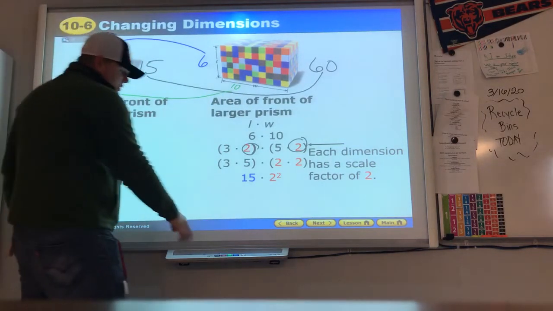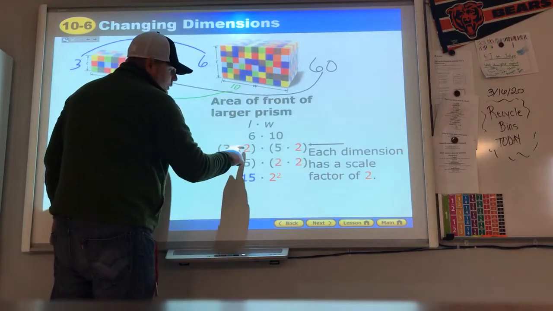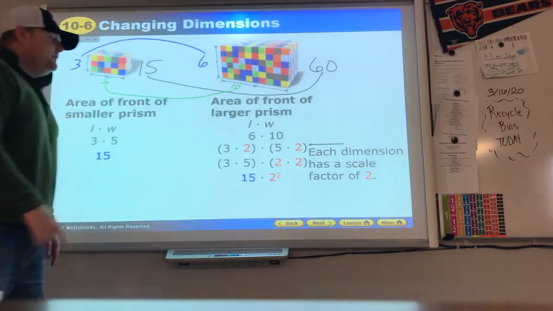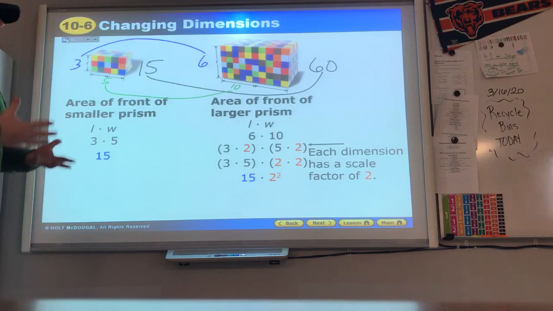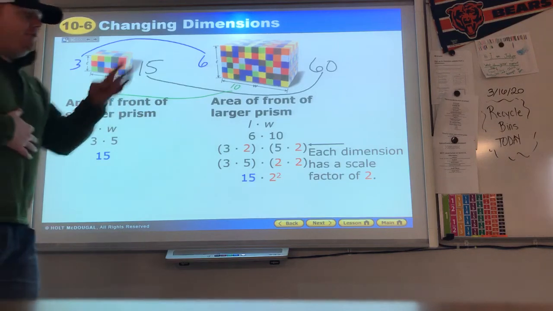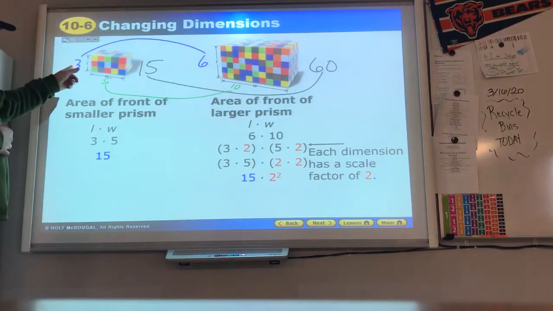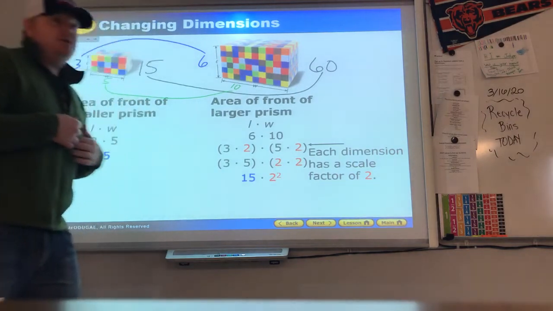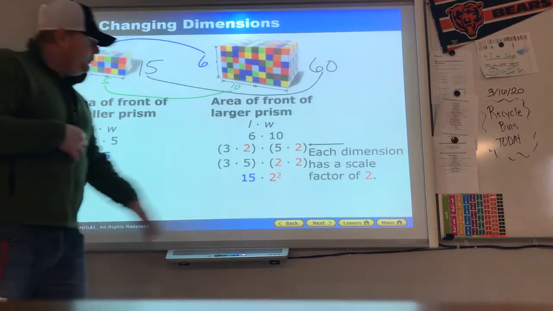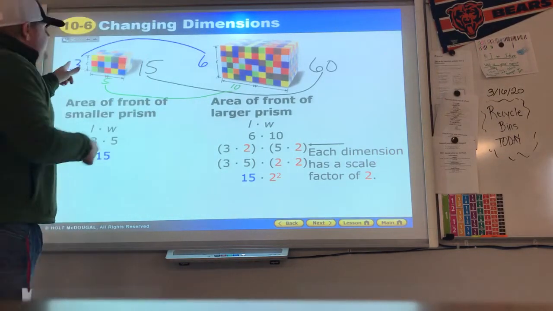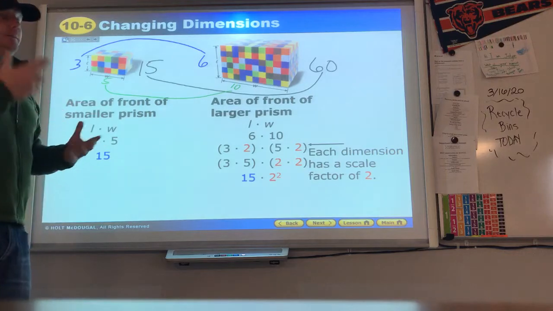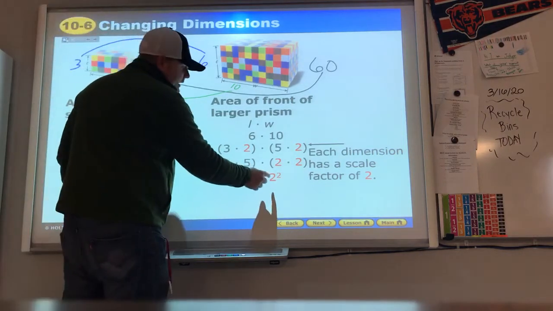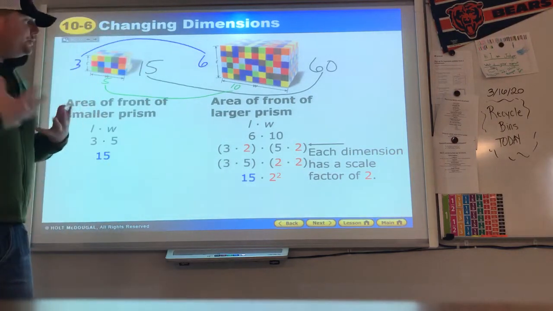Since each one was taken times 2, the surface area grows by 4 when the edges double. Now, if the side lengths grow by 3, the area will grow by 3 squared. If by 4, it'll be 4 squared. Whatever the side lengths change by, the area will change by that number squared. That's what they're showing us today.